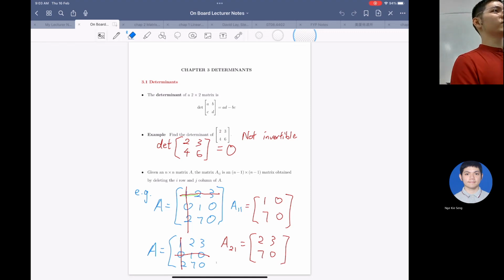I mean the YouTube link I put on. I think he did mention why, if it's not square, then determinant doesn't make sense. I think it's about the transformation between the spaces. If it is a different space, then you might be not onto, not one-to-one, something like that. So the determinant has no meaning there. Determinant should represent something about area change after the linear transformation by that matrix. Yeah, so determinant is only defined on n by n matrix, square matrix.